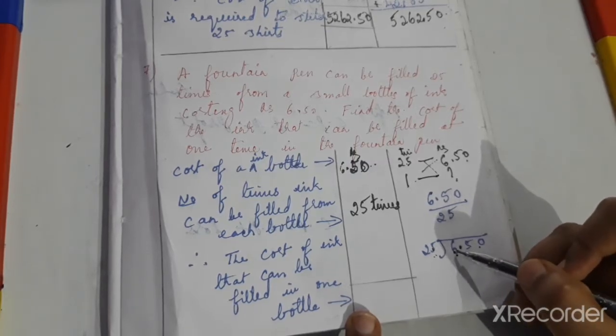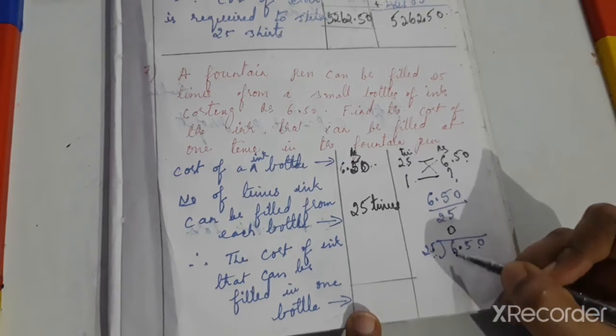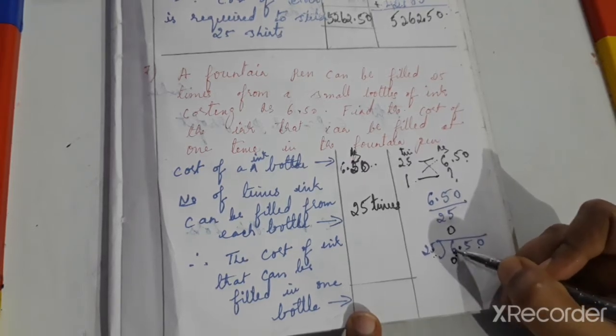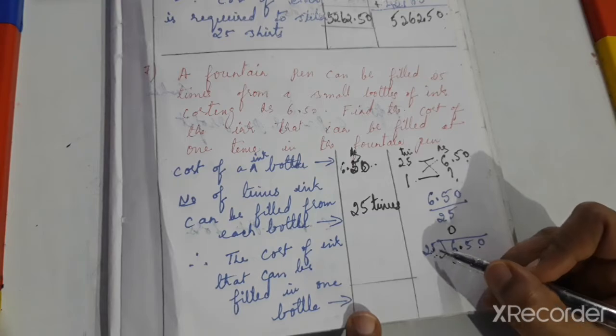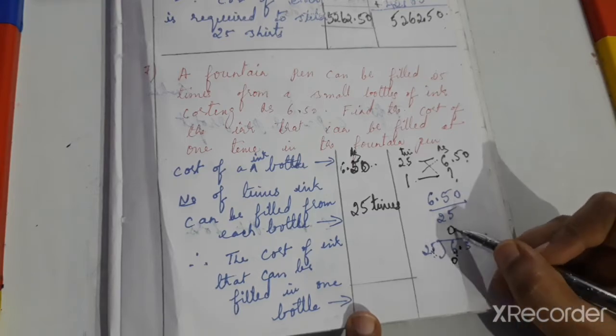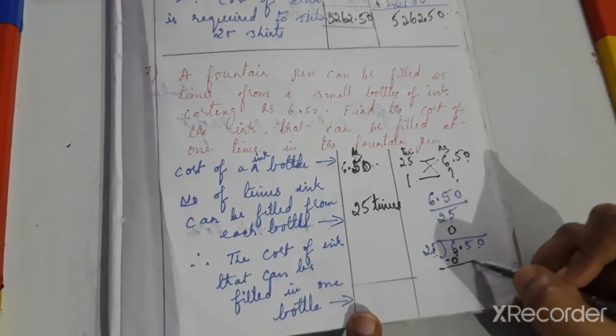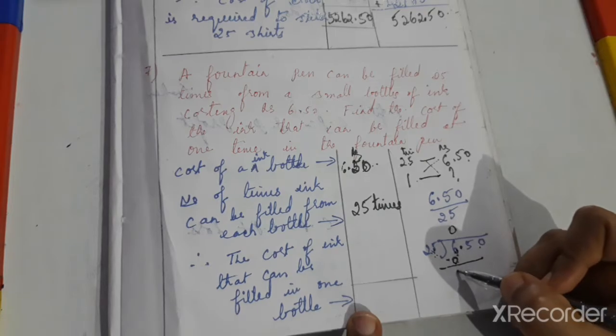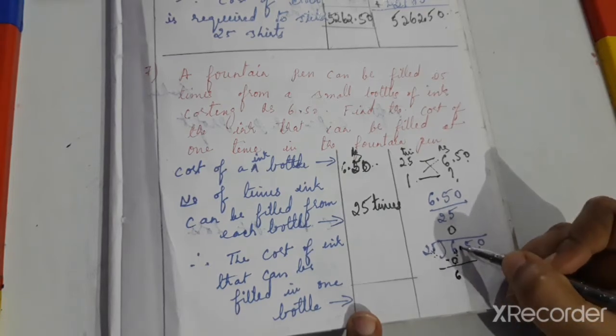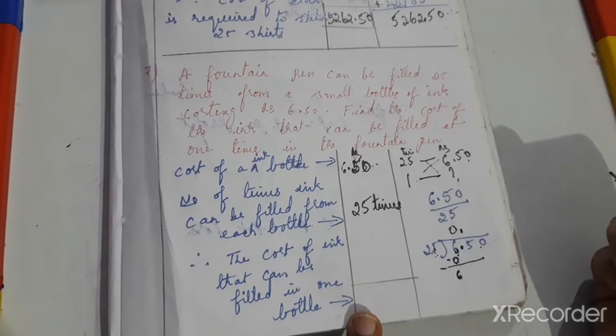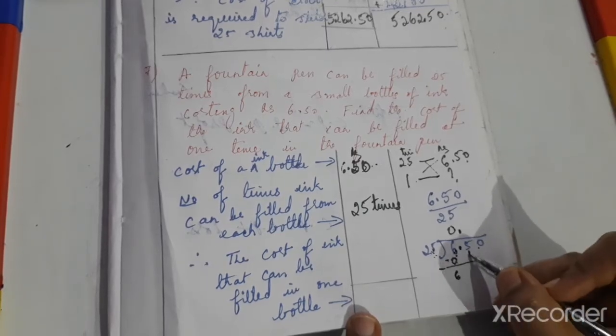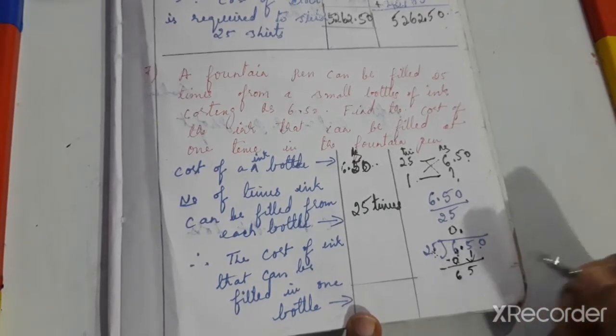Here 6, 25 zeros are 0 because 6 is less than the divisor 25. So we have to consider 25 zeros are 0. 6 minus 0 is 6 only, and here we can put the decimal point and carry 1 down, that is 5.